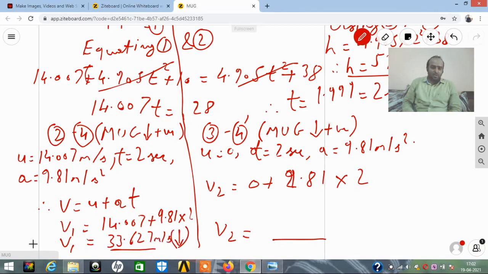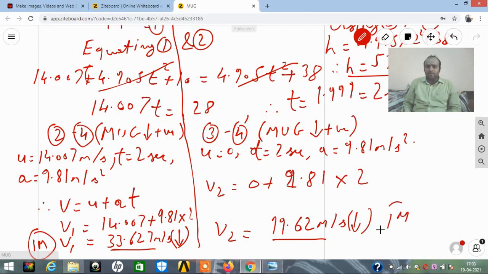The final value of V1 along with the direction will give me 1 mark. And 9.81 into 2 is 19.62 meter per second in vertically downward sense, which will again give me 1 mark.